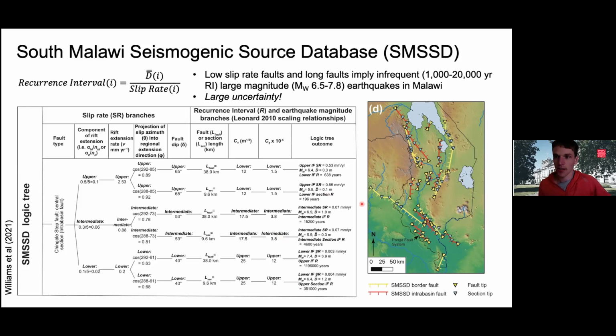There's quite a lot of uncertainty and subjective decisions that we're having to deal with in this analysis. So when we've compiled it, we've kept it separate from the more objective active fault database and collated it separately in the South Malawi seismogenic source database.